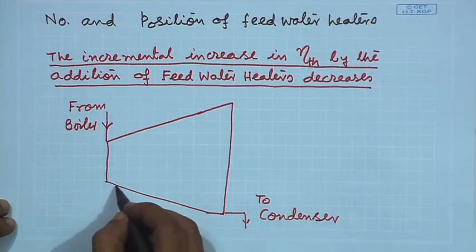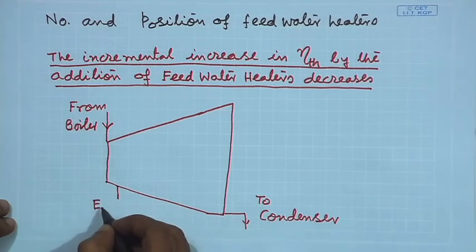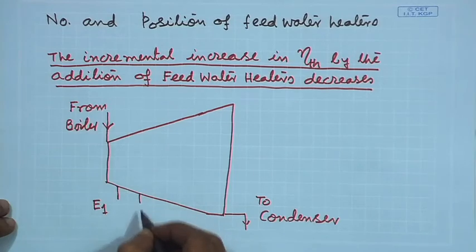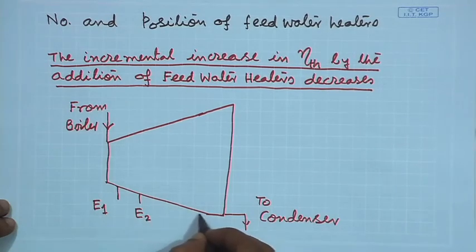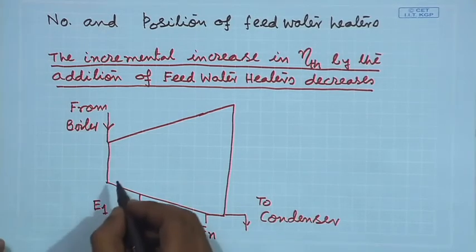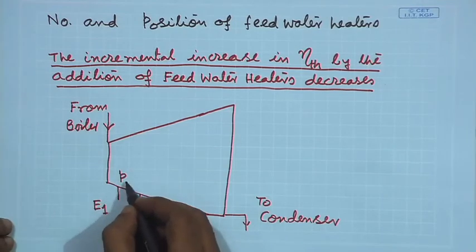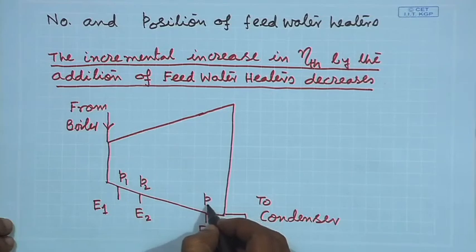and let us say we have got extraction point 1, I am denoting as E1, I have got E2, I have got En, n number of extraction points I am having, corresponding to the pressures P1, P2 and Pn.